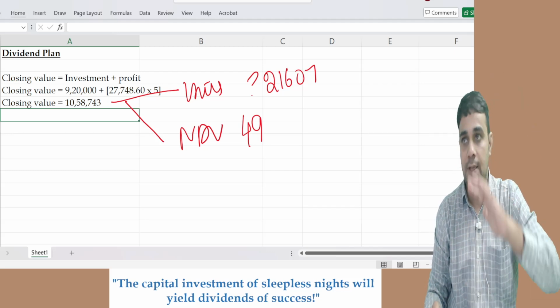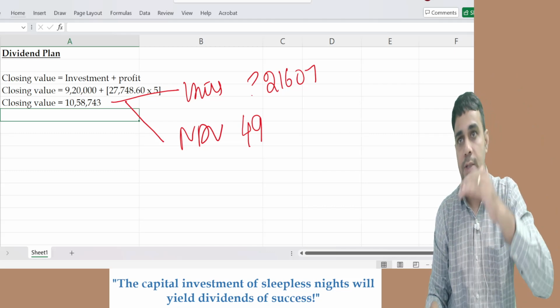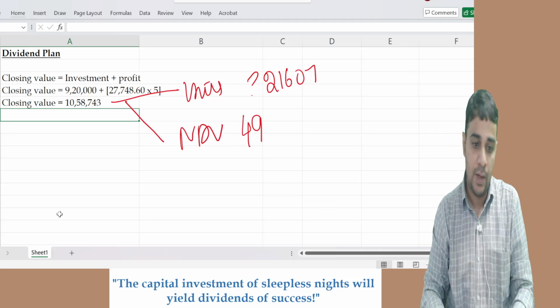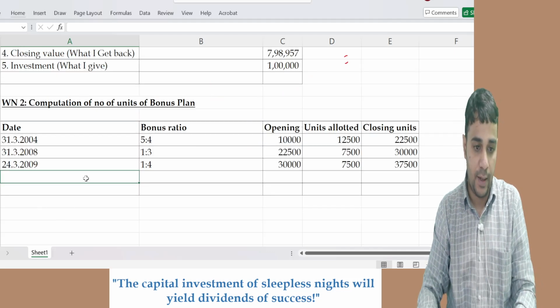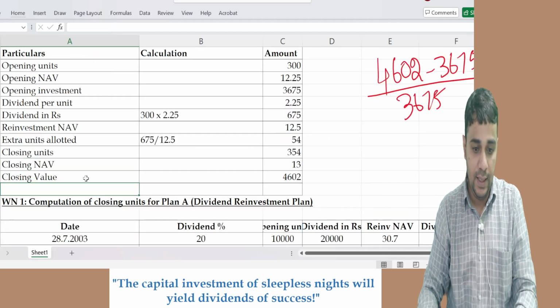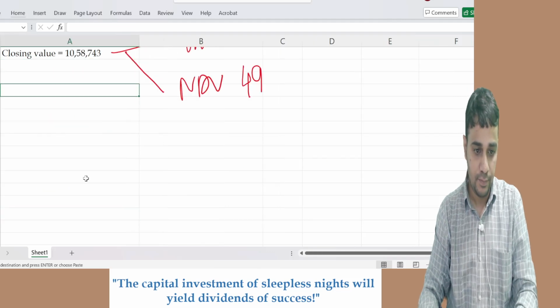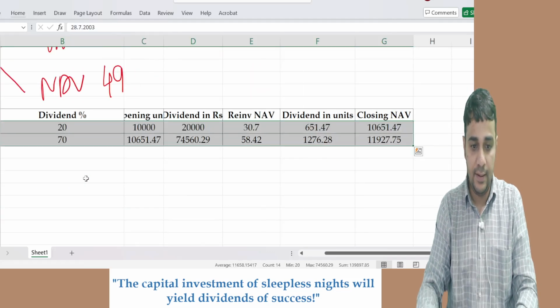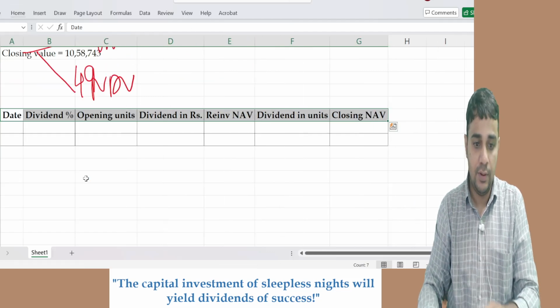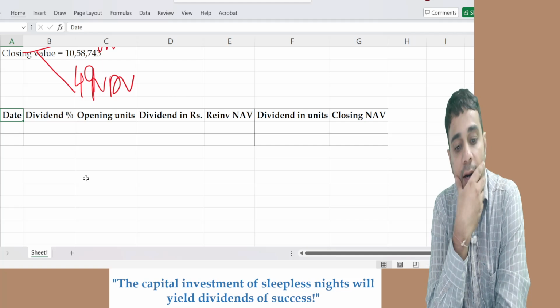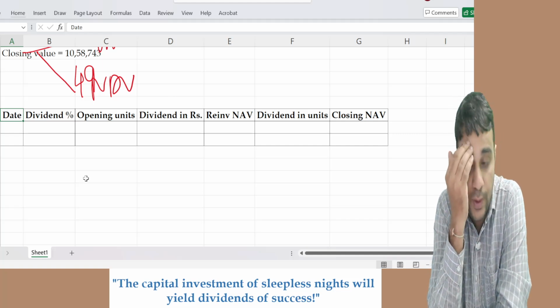Front calculation is easy to do. Backward calculation, some challenges can come in exam. Let's write the same format: date, dividend percentage, opening units, dividend in rupees, reinvestment NAV, dividend in units, and closing NAV.